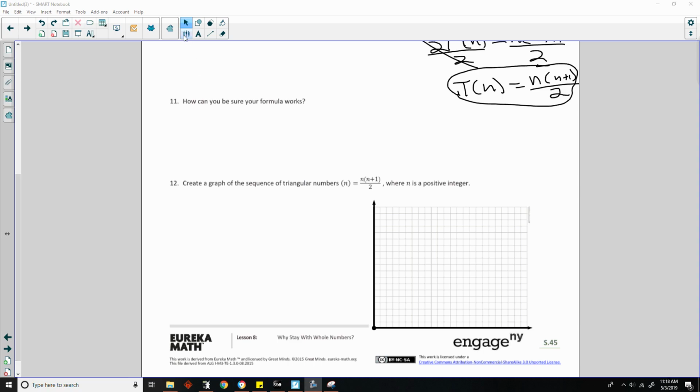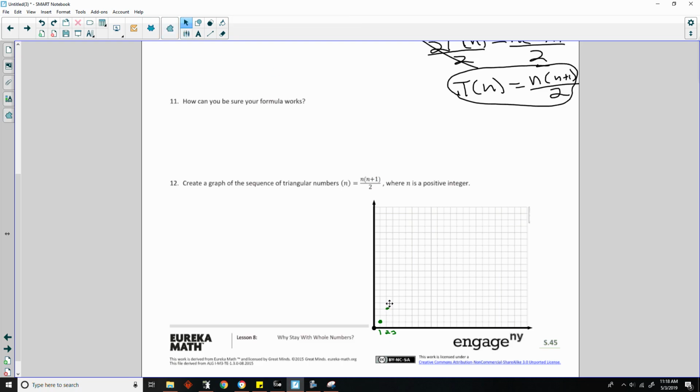Okay, so let's do this one now. Again, it's going to be, can't have 0. And if I put a 1 here, 1 times 1 plus 1, which is 2, is 2. Divided by 2 is 1. That would go here. And then when I plug in a 2, then I'd get 2 times 3, which is 6 divided by 2, which is 3, not 2.